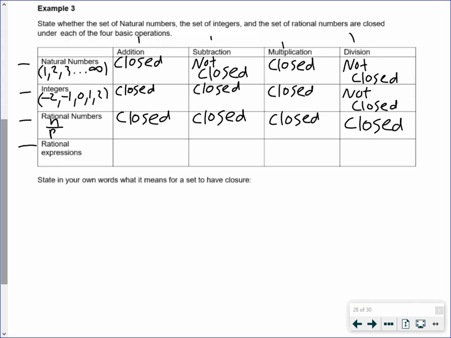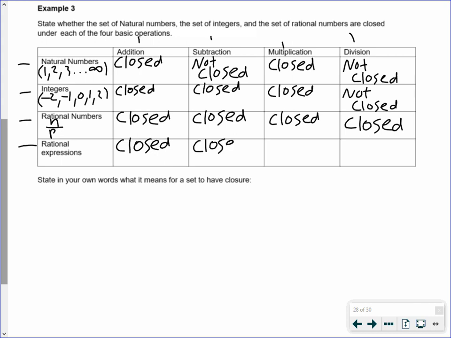So the set of rational expressions, because it's basically a fraction, is going to act very similar to normal fractions or just normal rational numbers. So it's going to behave the same way, closure-wise, when we're talking about addition, subtraction, multiplication, division. They're going to act very, very similar. So the set of rational expressions will also be closed under addition, since it's basically fractions, and we saw that fractions are closed under addition.